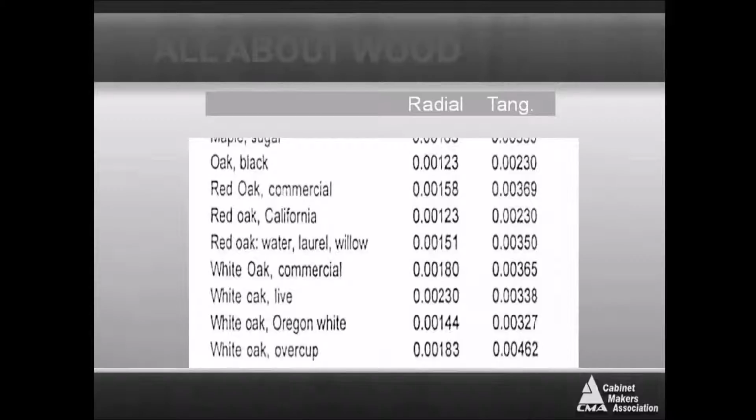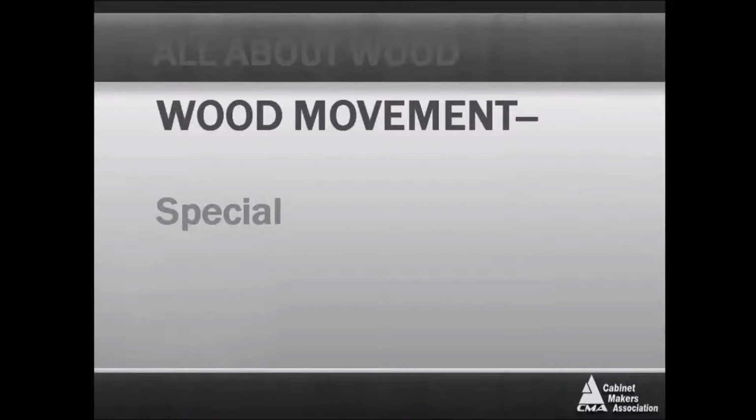So if you know the species you have, here's commercial red oak, for example, here are the coefficients that you would use in that equation, and you know the moisture difference, you know the original size, and you can calculate the change. Actually, you can do it the other way around. If you know the original size and the size change, you can calculate the moisture change.